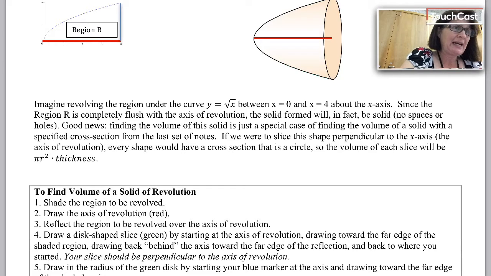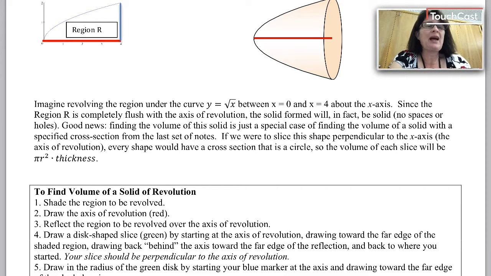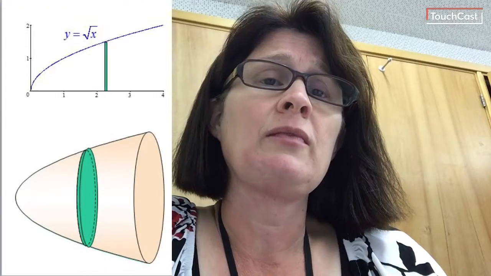All right, so these are steps I like to use. I'm going to suggest a color coding scheme, so feel free to revise it or use your own. But I find this to be helpful because when I see this picture, I have a better understanding of what a slice looks like, which gives me a better chance of writing the correct integral.